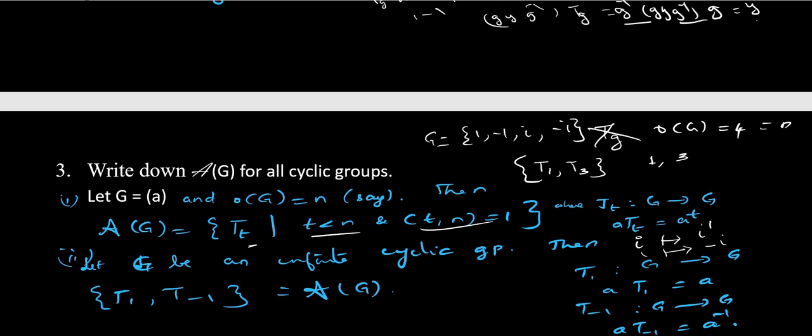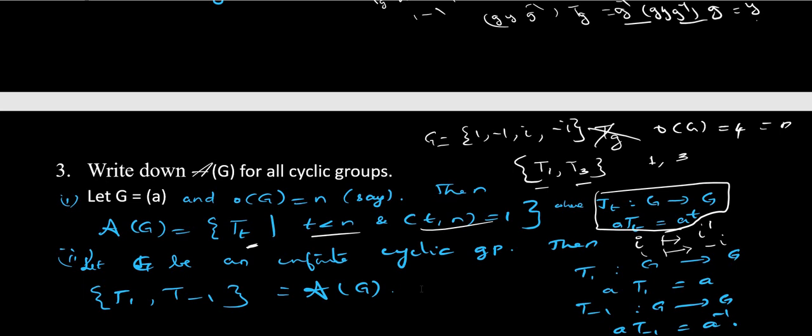So this is how we have our T1 and T3 defined. We have to mention what the script A of G is first, and then how the elements are defined. This is enough to remember, so that whatever the finite cyclic group may be, we can easily write out the suffixes 1, 3, 5, 7, whatever they are.